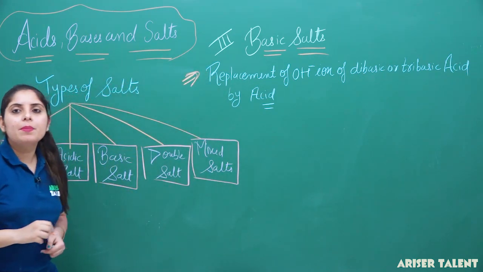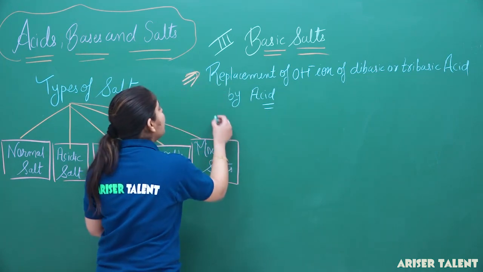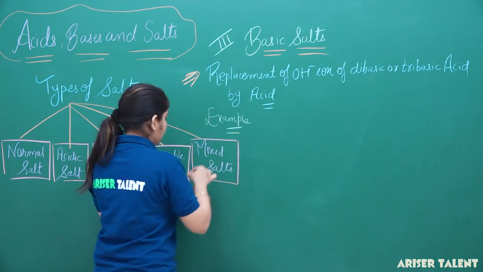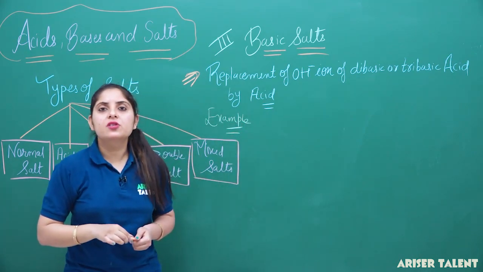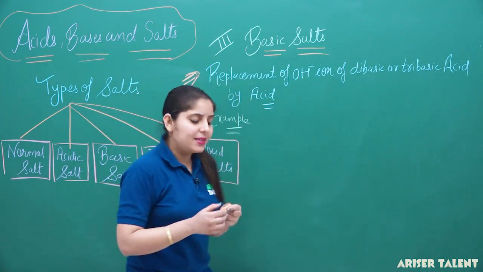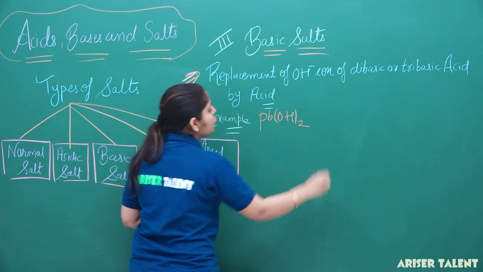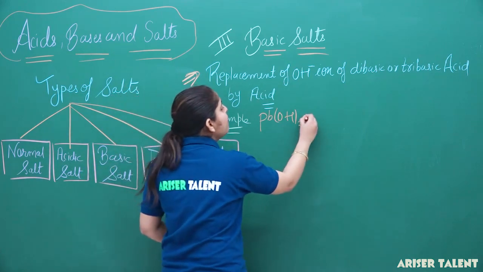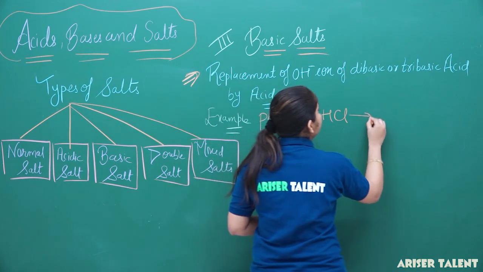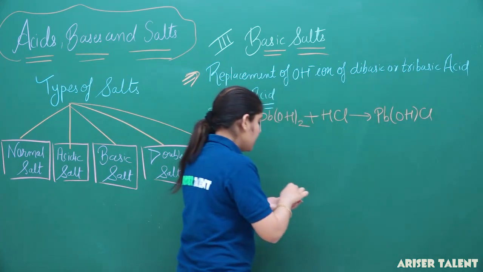Now we will take an example and see how basic salts are actually formed. We have taken lead hydroxide and we will heat it with an insufficient amount of HCl. So we take Pb(OH)2, that is lead hydroxide, and we react it with HCl. In the product side we will get Pb(OH)Cl.